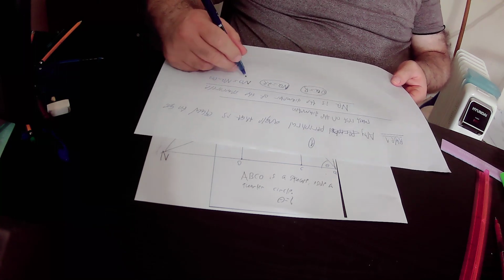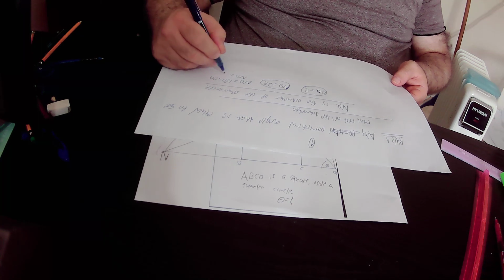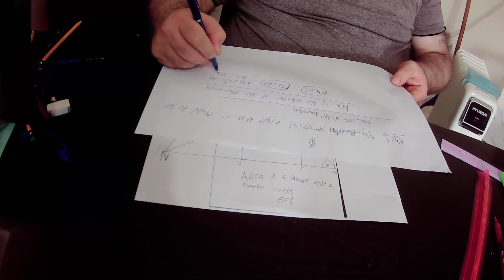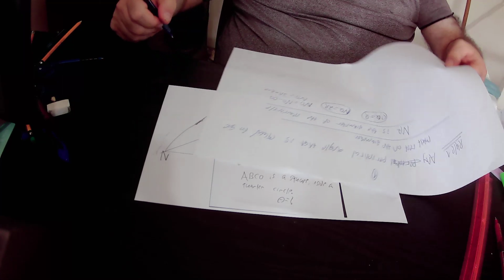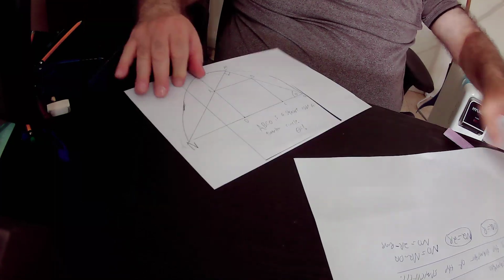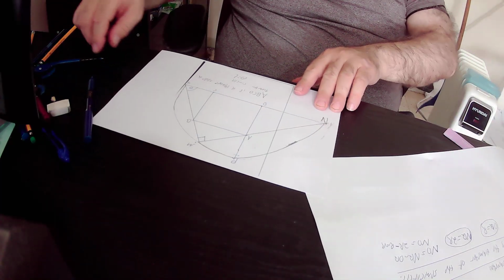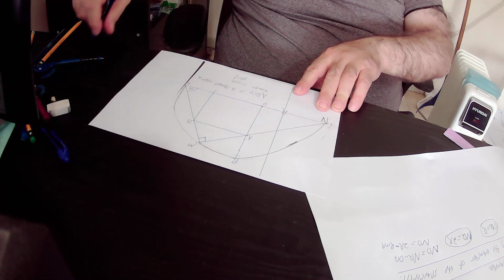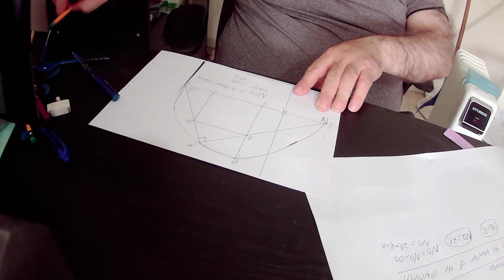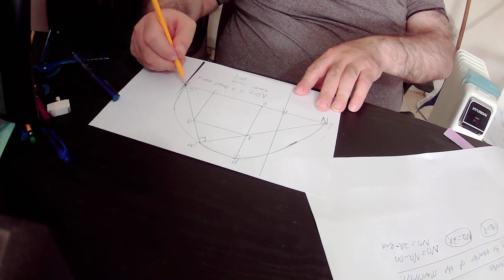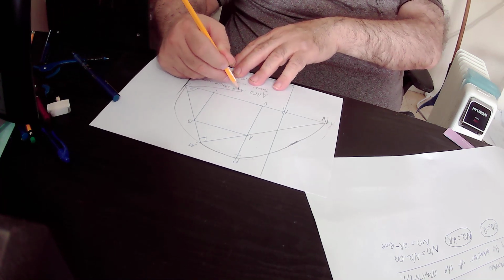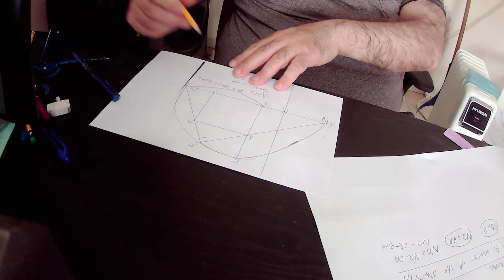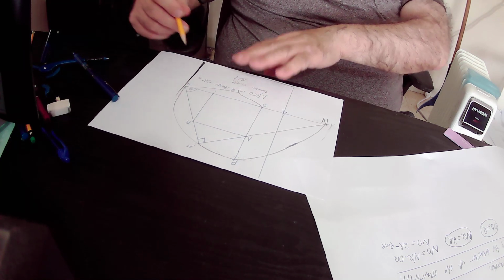So NO equals NQ, that is 2R, minus OQ, that is R. 2R minus R equals R. So NO equals R, and OQ is also equal to R. This is the diameter of the circle and the semicircle also, or the diameter of the quarter circle and the semicircle also.